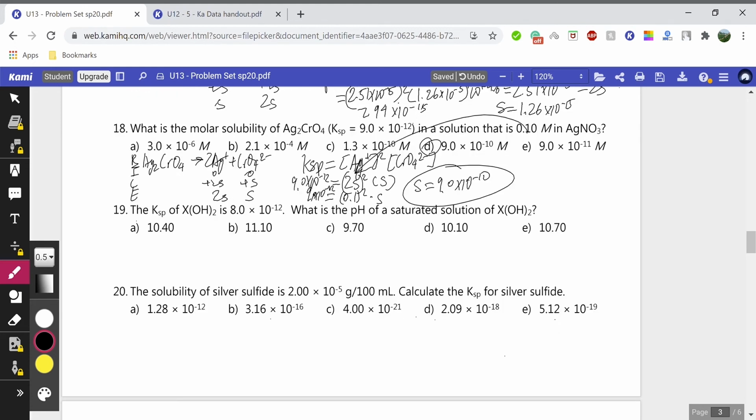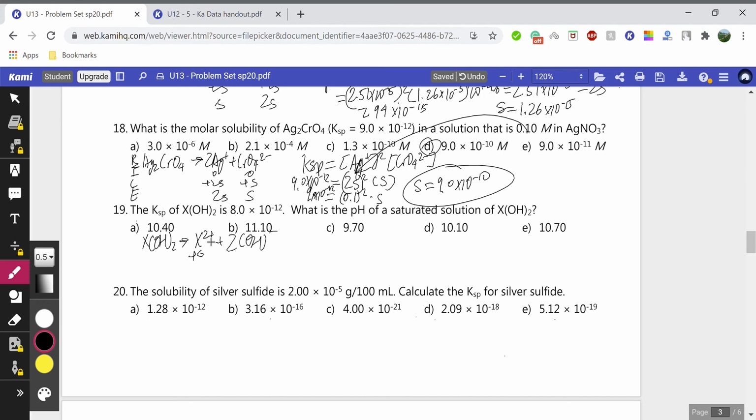Next it says the Ksp of XOH2 is 8.0 times 10 to the negative 12. What is the pH of a saturated solution of OH minus? Alright, so to find the pH, we're going to be using our concentration of OH minus, and then with that we can find the pH. So XOH2, we don't know what X is, so it's going to form X2 plus plus 2 OH minus.